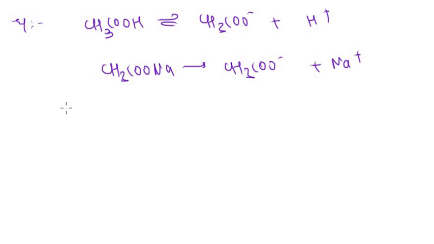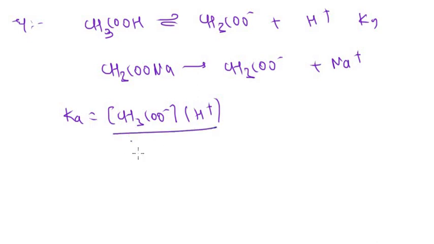So actually Ka, if we write it, is CH3COO minus into H plus over CH3COOH, the acetate ion over the acetic acid.